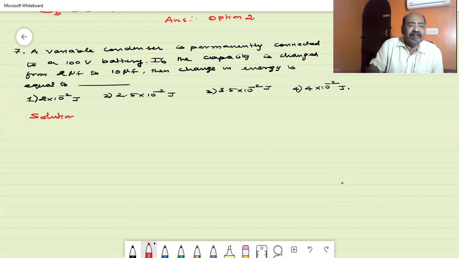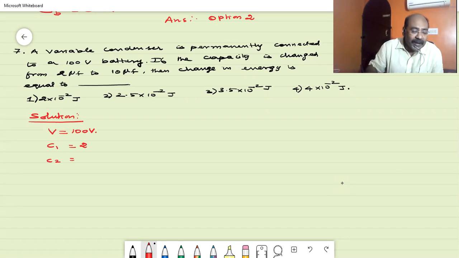What is given? First of all, the potential is given, considered to be 100 volt constant. The capacitance changes from C1 to C2. What is the value of C1? It is taken to be 2 microfarad.